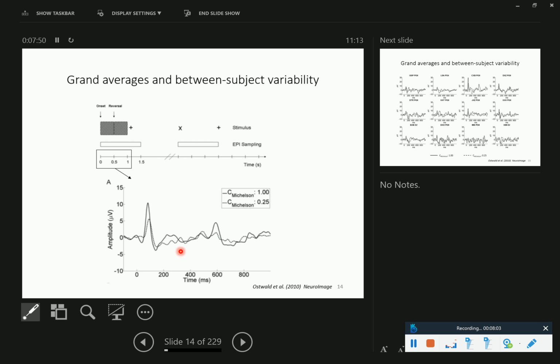You should, from these grand averages, however, not think that every EEG data set that you record from a participant, and then evaluate individually, or even subsets of these data, looks like that.